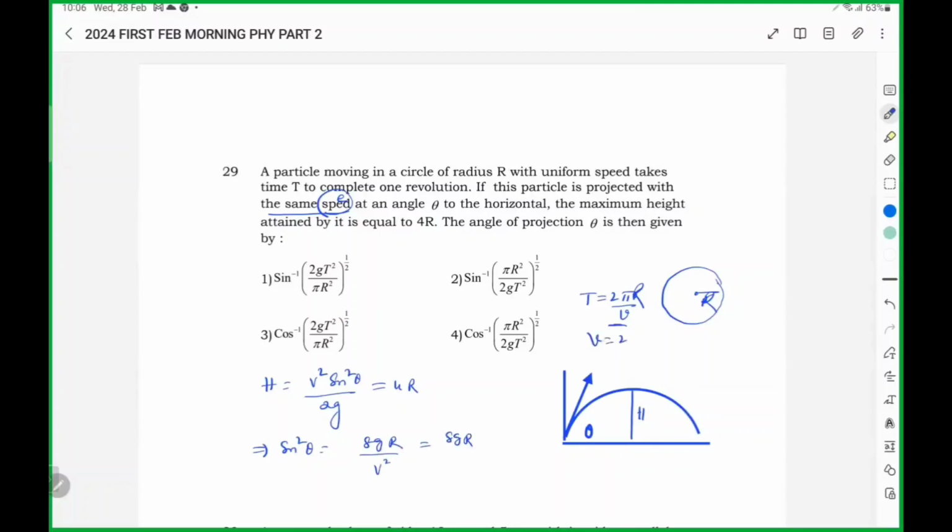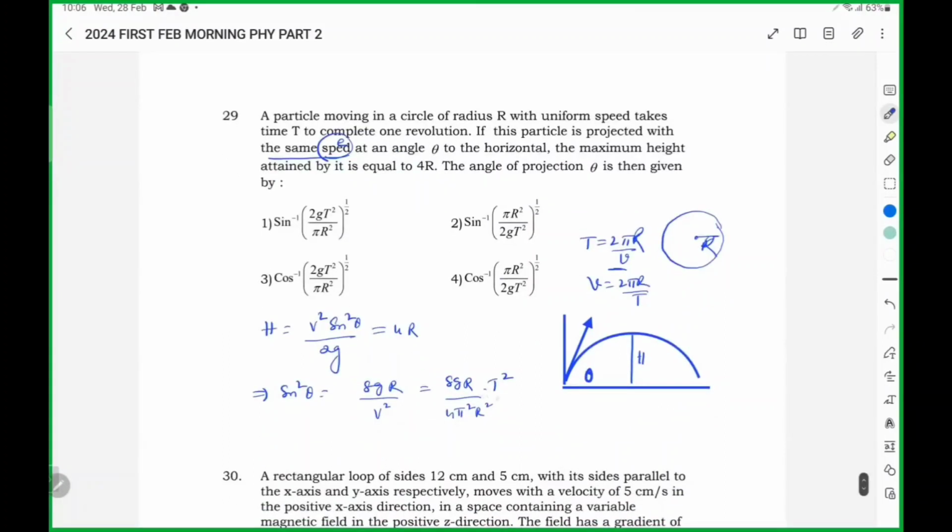Here v is 2 pi r by t, so v square is 4 pi square r square by t square. So sine theta will be, from 2g times r t square, by sine square theta.